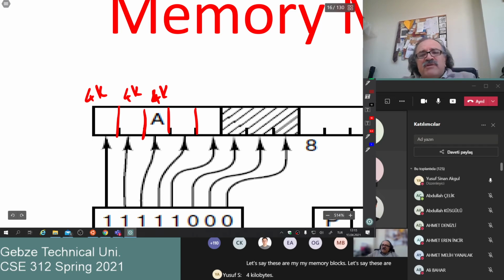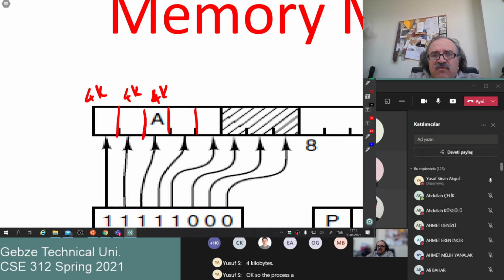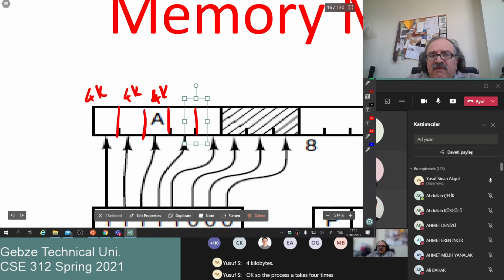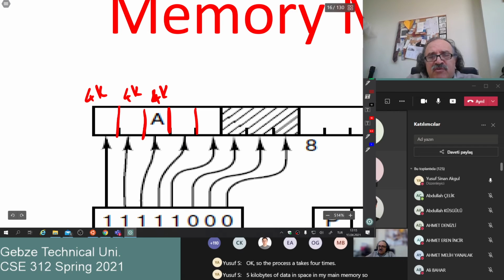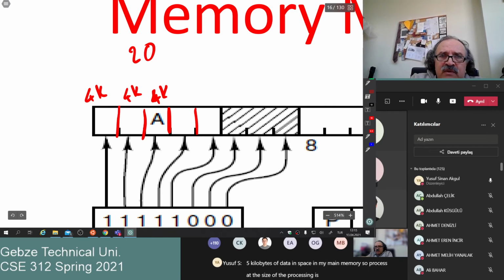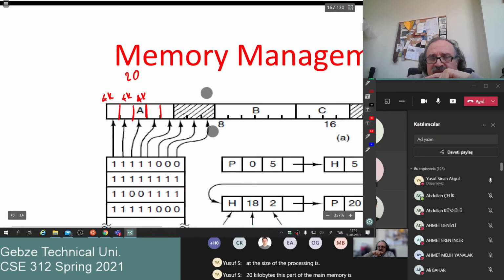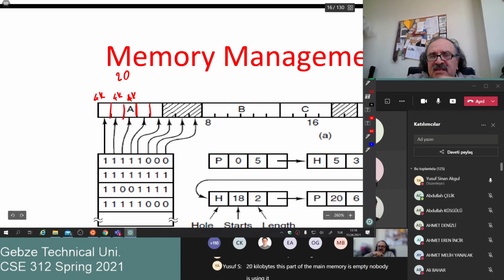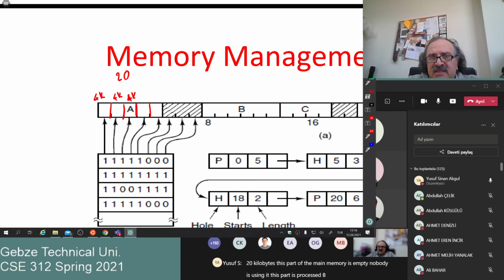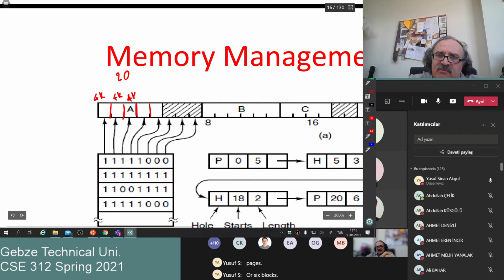So process A takes 5 blocks of 4 kilobytes, so the size of process A is 20 kilobytes. This part of the main memory is empty, nobody is using it. This part is process B, and process B is using 6 pages or 6 blocks. Let's call each of them memory blocks.